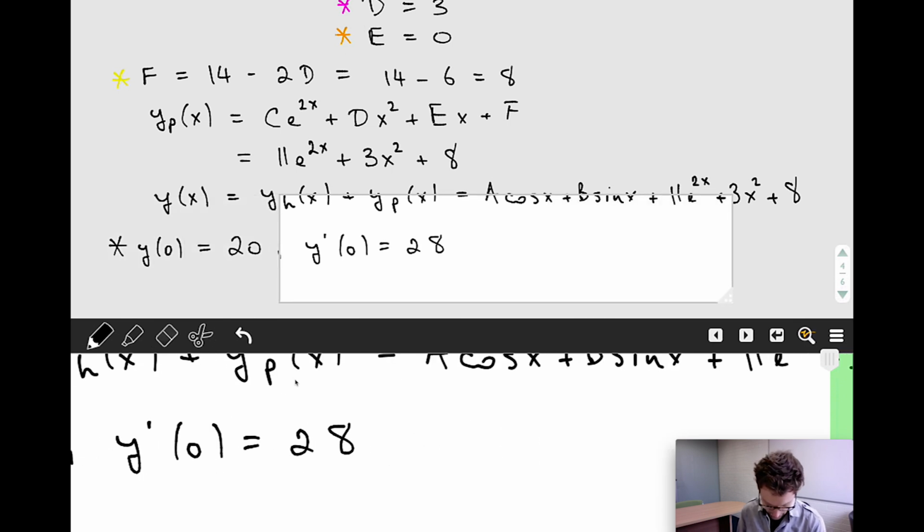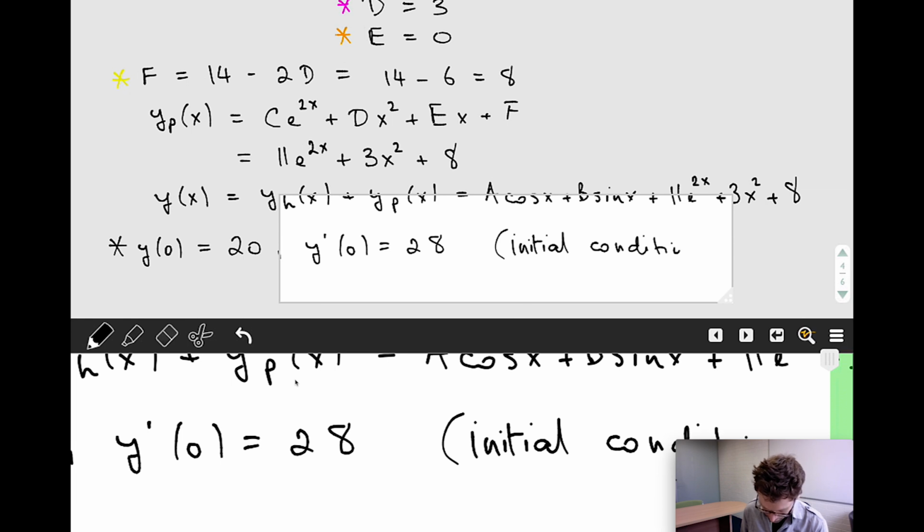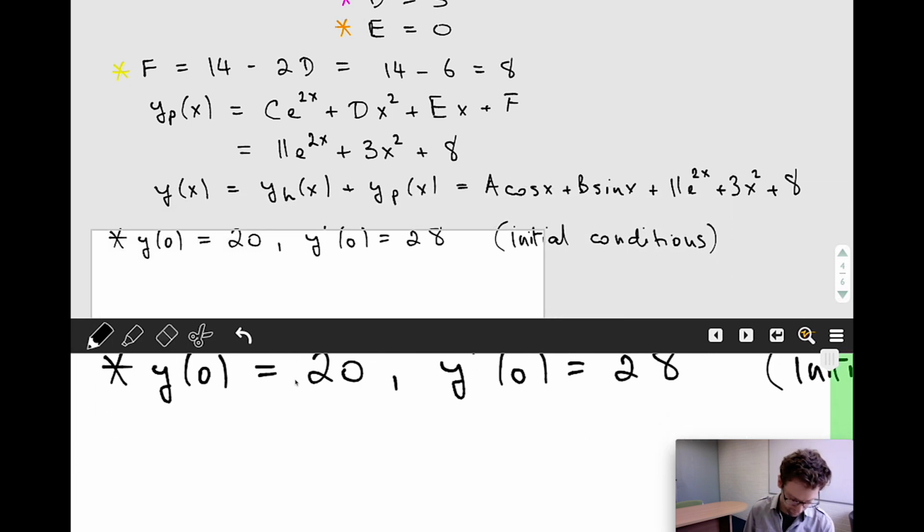These are initial conditions. And we're actually going to use these now to fix a and b.